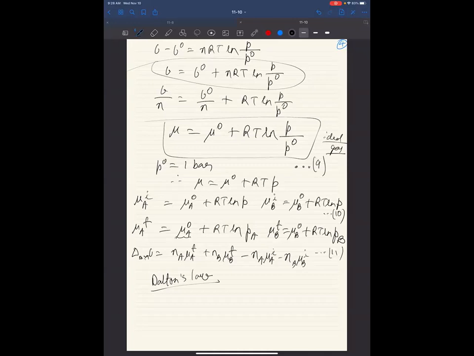But it's common sense. I hope that for an ideal gas, partial pressure is the total pressure multiplied by the mole fraction. And what is the mole fraction? Mole fraction is N A divided by N A plus N B, while the partial pressure of B is P multiplied by the mole fraction of B, which is P multiplied by N B by N A plus N B.